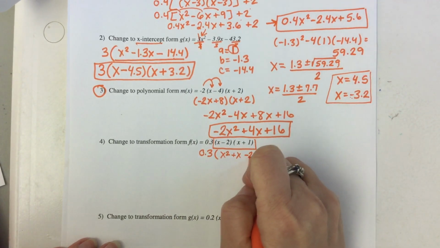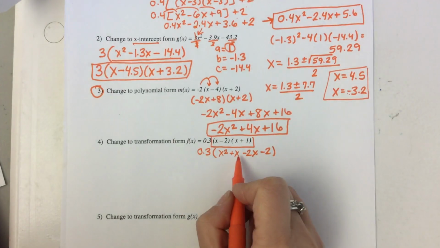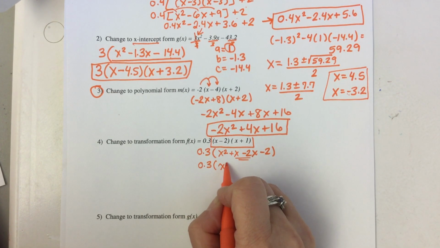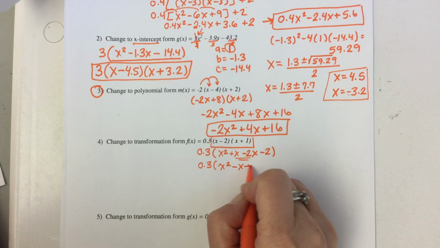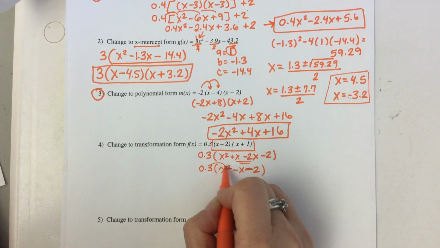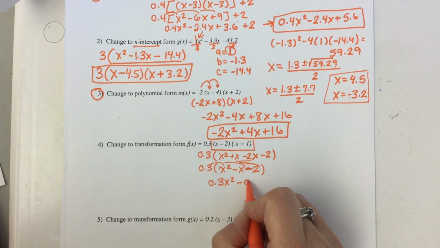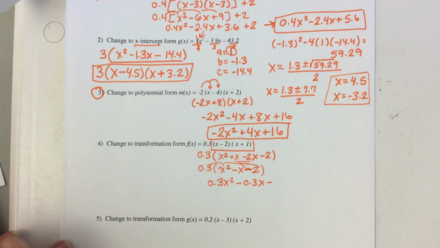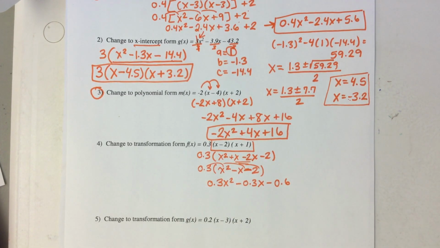Negative 2 times x is negative 2x. Negative 2 times 1 is negative 2. Combining like terms, I'd have x squared, 1x minus 2x is a negative x, minus 2. Distribute the 0.3: 0.3x squared minus 0.3x minus, 0.3 times 2 is 0.6. Now this is polynomial form.